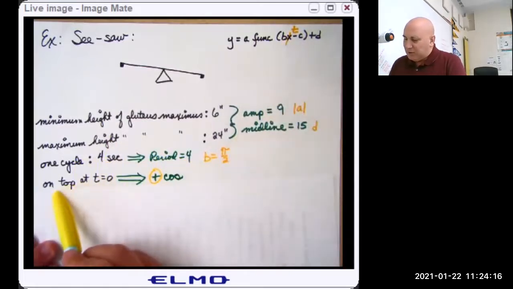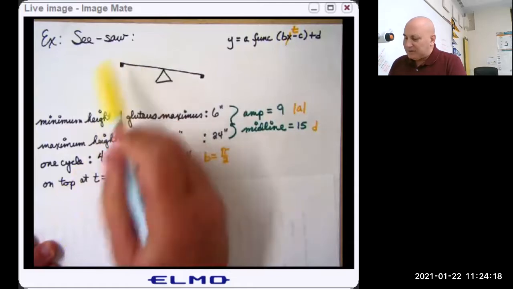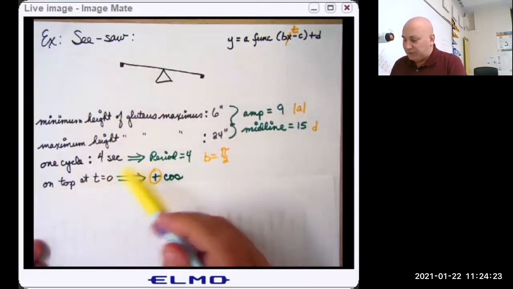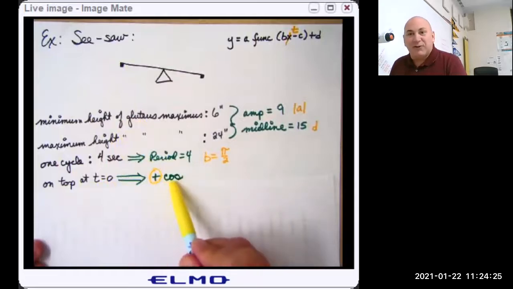And then I tell you, you're up here at time t equals 0. Well, if you're at a maximum at t equals 0, that is a positive cosine function with no phase shift.